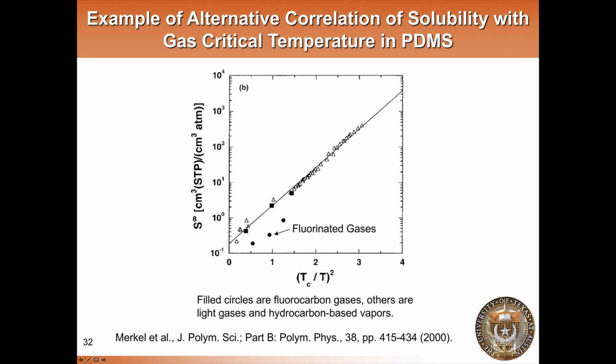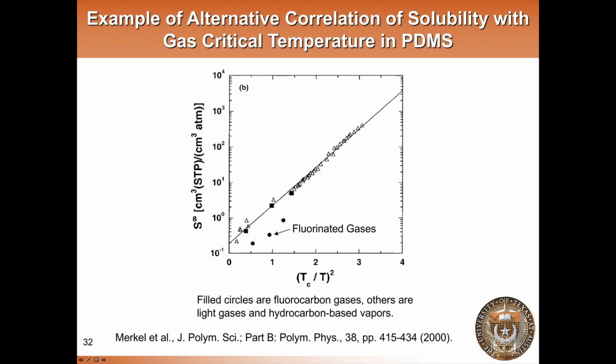And it's now data taken over a number of penetrants and at many different temperatures. And when temperature is varied and you want to combine gas solubility data on a single plot, one of the proposed ways to do that in the literature is to plot the solubility versus the critical temperature divided by T squared.